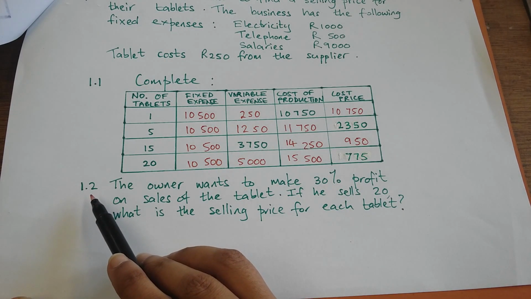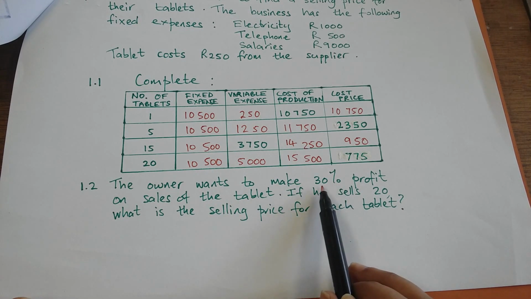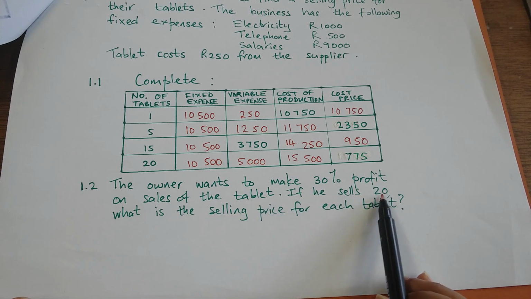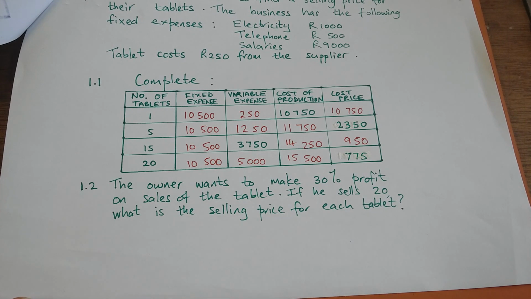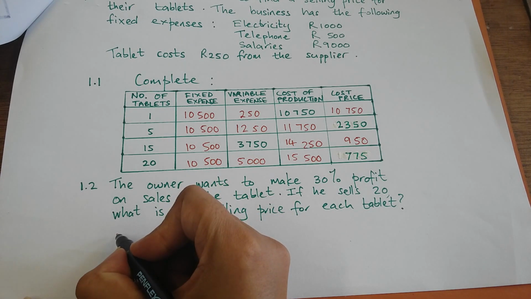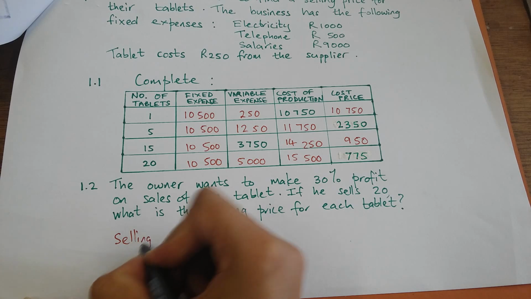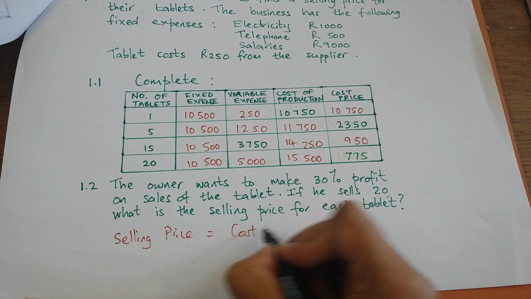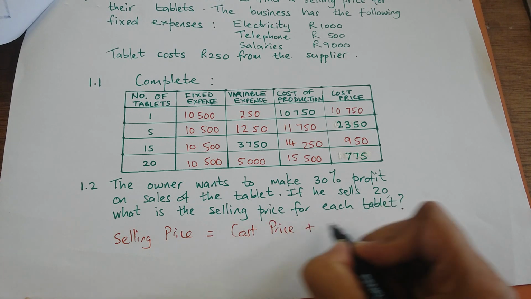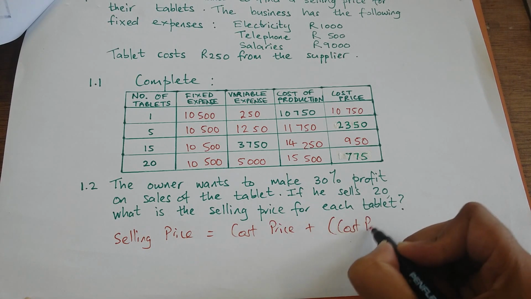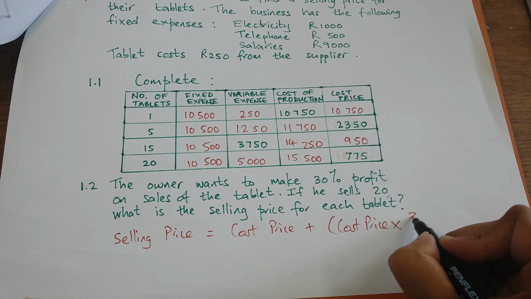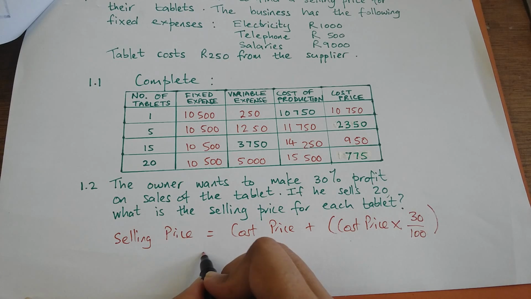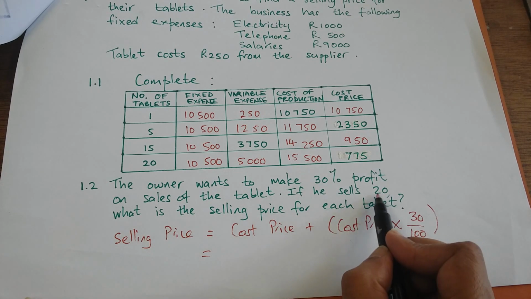Second question, 1.2, it says, the owner wants to make a 30% profit on sales. If he sells 20, what is the selling price for each tablet? So I'm going to say selling price is equal to cost price plus cost price times 30 over 100, 30%. We're now going to substitute, so it says for 20.